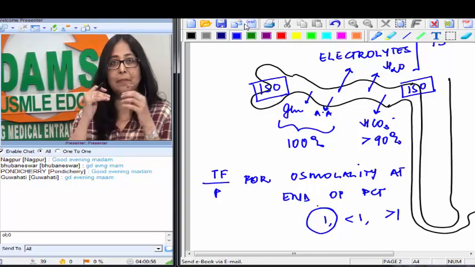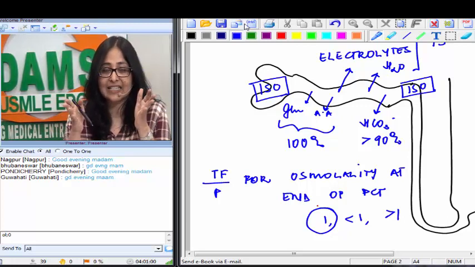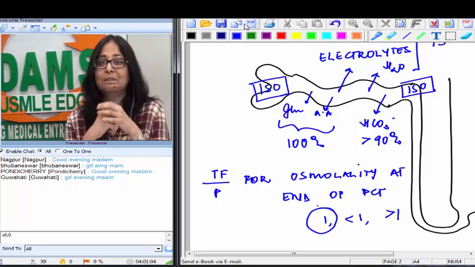When I want to comment on the tubular fluid by plasma ratio, I must look at the relative absorption of that substance and water.